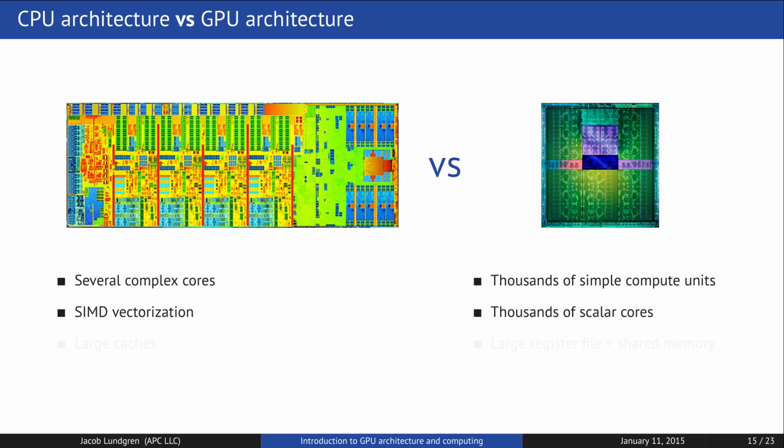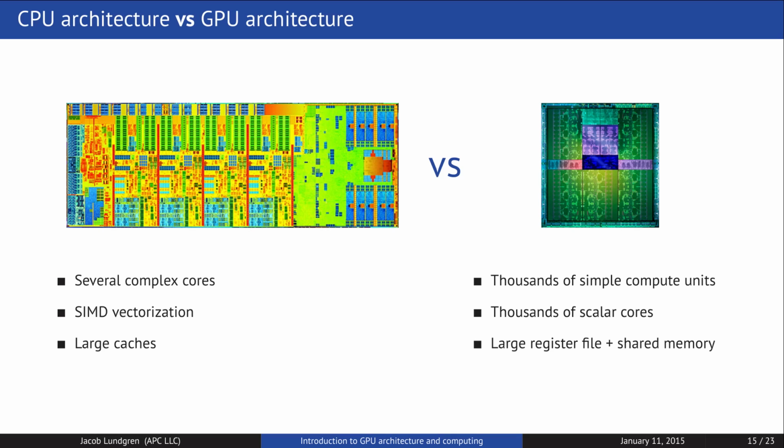CPUs try to gain an advantage by utilizing things like SIMD vectorization, which complicates the program slightly because you need to find certain patterns, while GPUs instead try to utilize the massive amount of scalar cores, which to some extent provides extra flexibility in the sense that your problem does not need to look like vectorization.